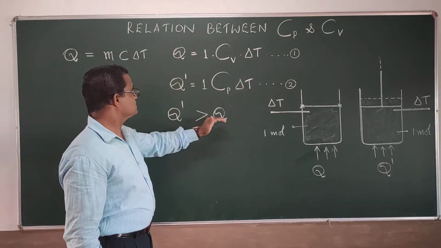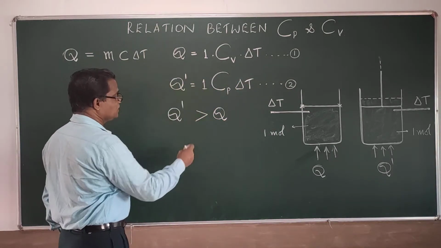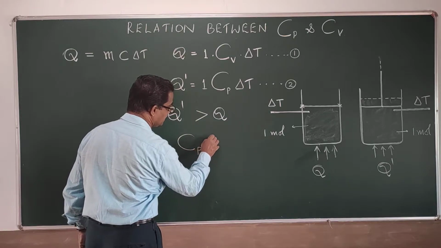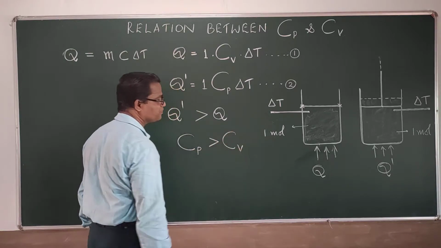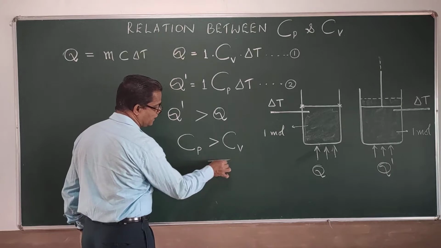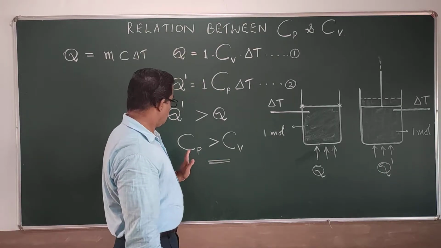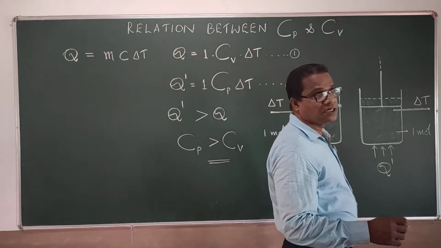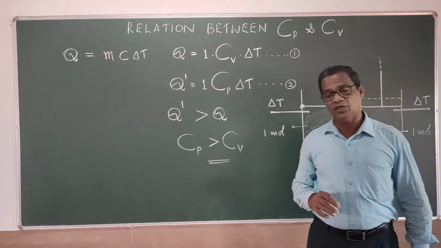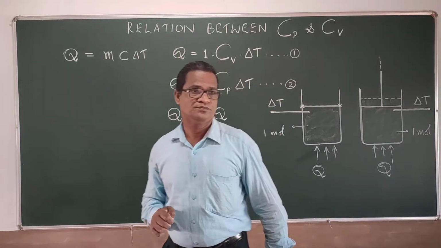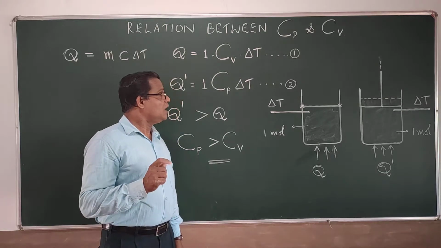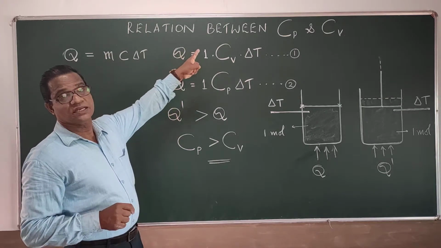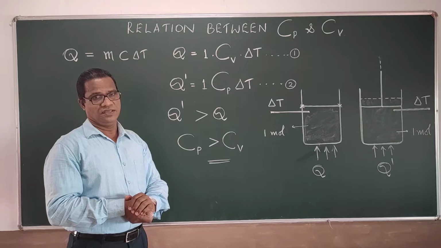Therefore, Q prime is greater than Q. From equations 1 and 2 we get Cp greater than Cv. So for a gas, the constant pressure specific heat is a little greater than that under constant volume. But our aim is now to find the relation between Cp and Cv.